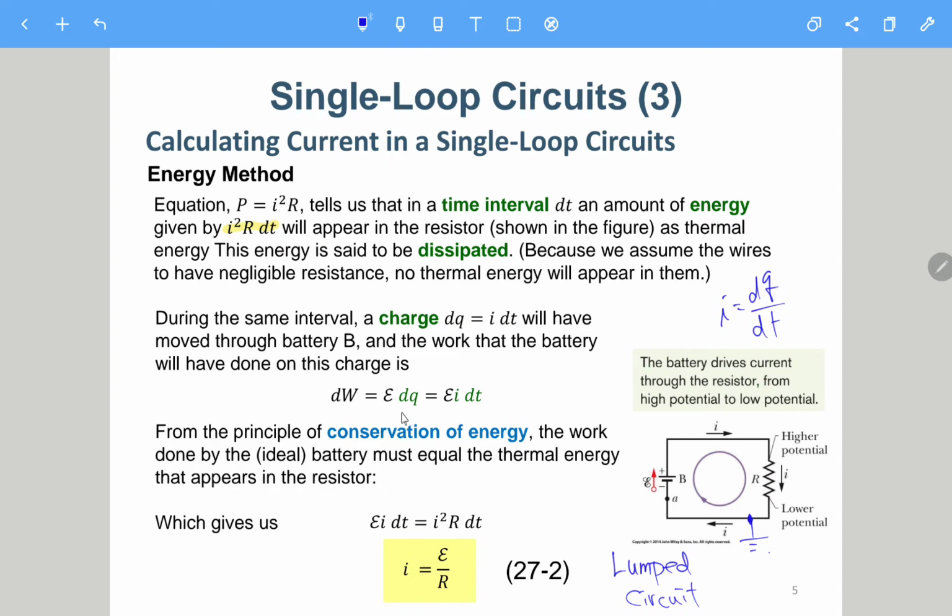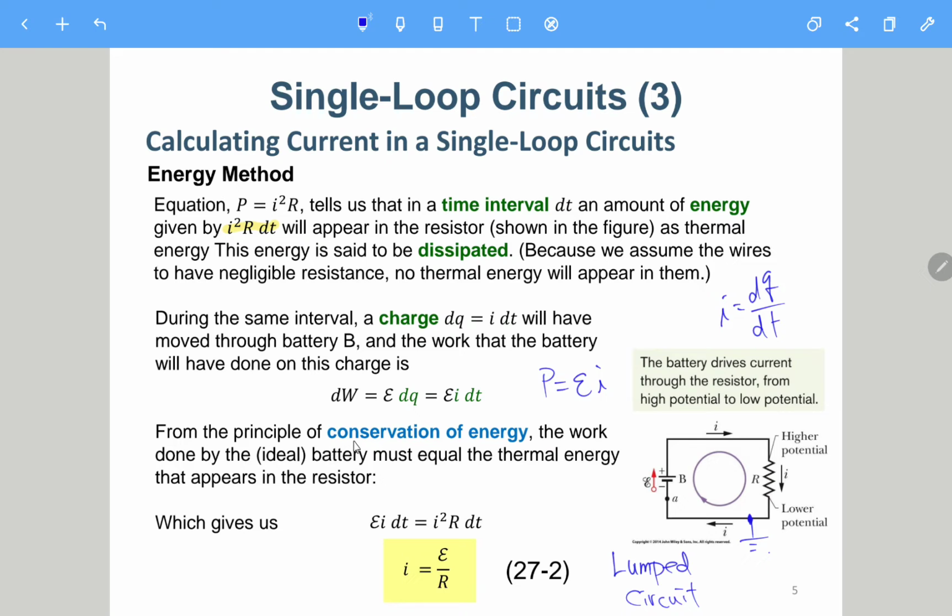E times dq is the definition from the previous page, and dq is I dt, so we plug it in and have E times I times dt. If you still remember, the power of the battery is V times I, or here the power is E times I. So dW is the power times dt, which is nothing but E times I times dt.